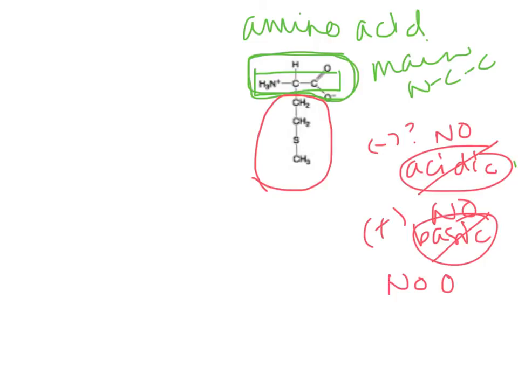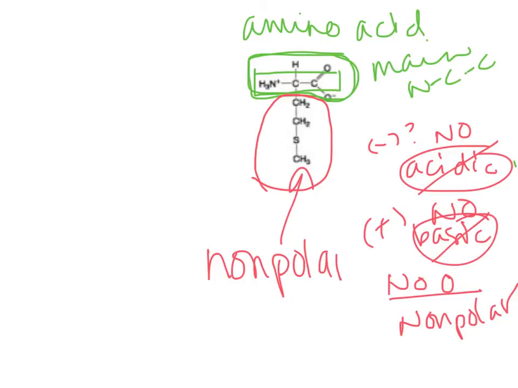If so, then it would be uncharged polar, but it doesn't. No oxygen means it must be nonpolar. And there you go. It is nonpolar. It's methionine. Nonpolar. So far, so good.